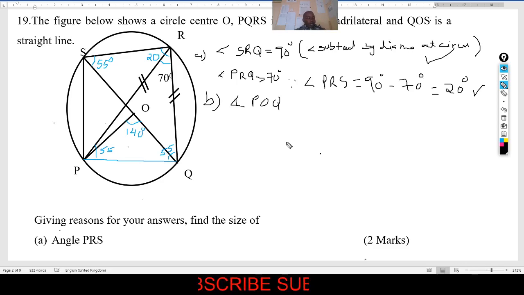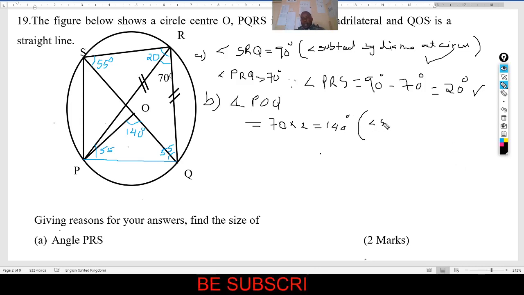You must say that angle POQ equals 70 times 2, which is equal to 140 degrees. But you must give a reason: angle subtended at the center by a diameter is twice the angle at the circumference by the same diameter.